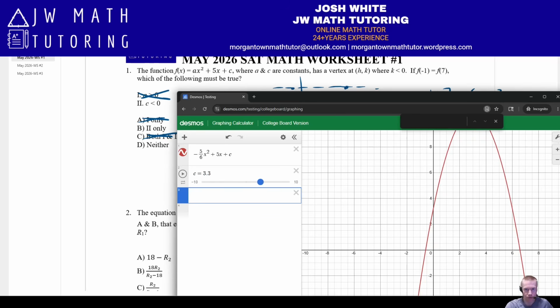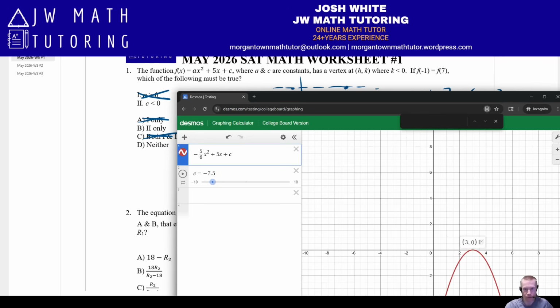Okay, what about if I expand this up here? Now if I go down here, it looks like right around negative 7.5, negative 7.6 somewhere, that's where k, the y-coordinate of the vertex, is equal to 0. So it looks like c has to be smaller than negative 7.5.